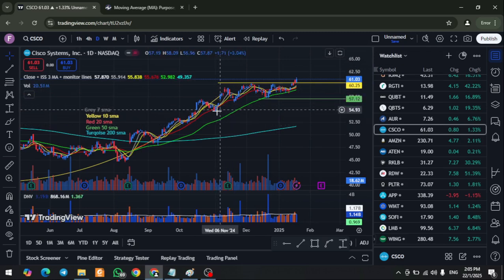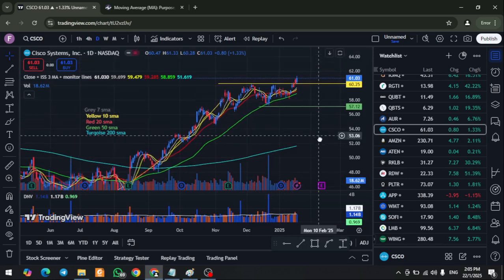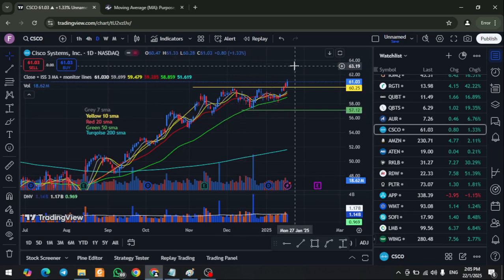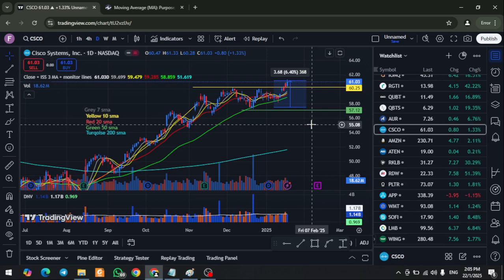At first the price bounced back on the 20 days moving average, but around last year the overall market's not really good, so the price was ranging and broke the 20 days moving average, but still the price could not break the 50 days moving average around here. The price touched the 50 days and then bounced back and closed above the 50 days moving average, and then just shot up straight. Okay, it's already 6.4%.